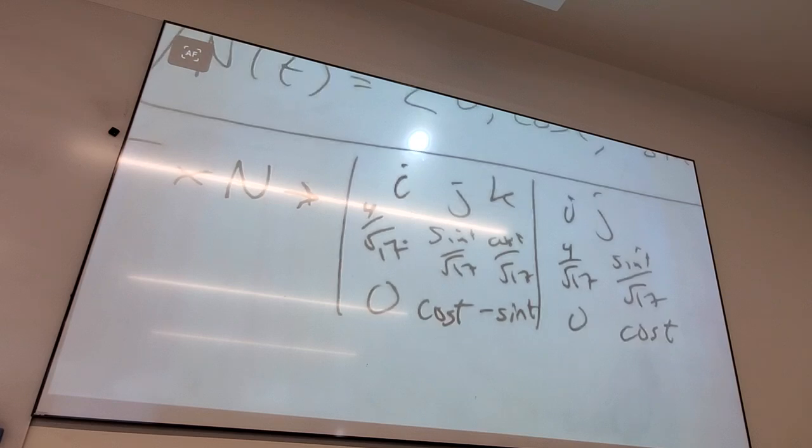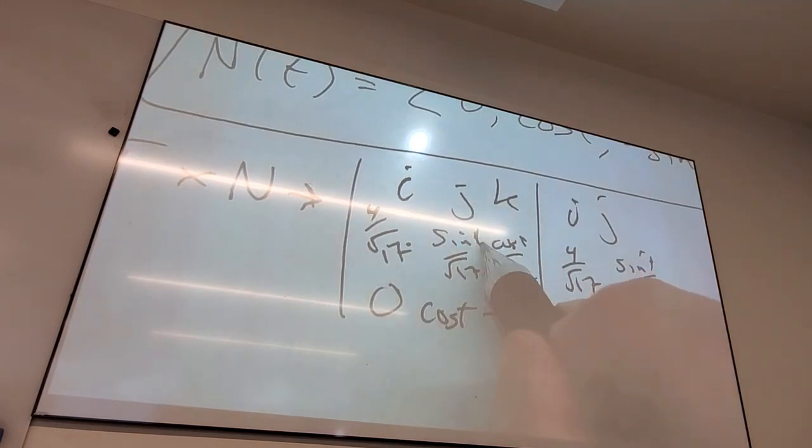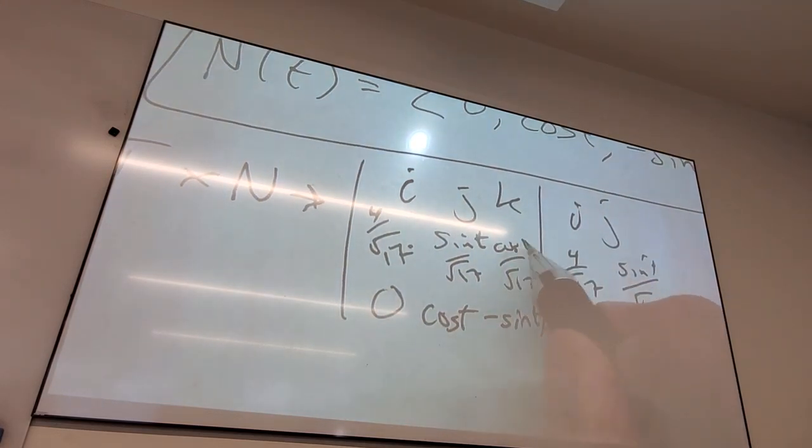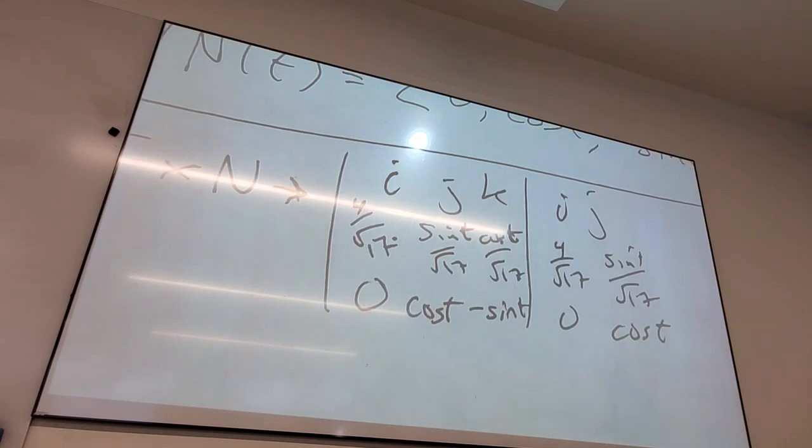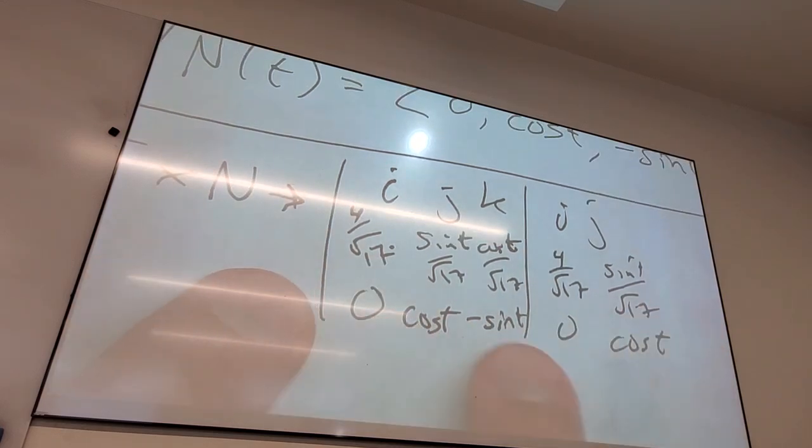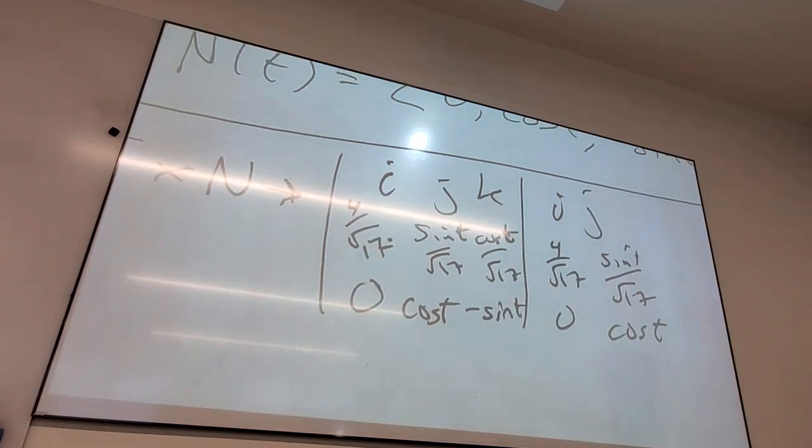If you can't read what I'm writing, then just put T first and put N second.